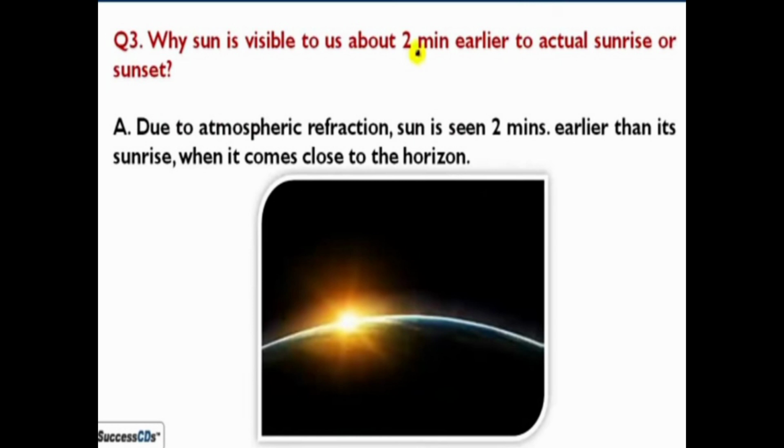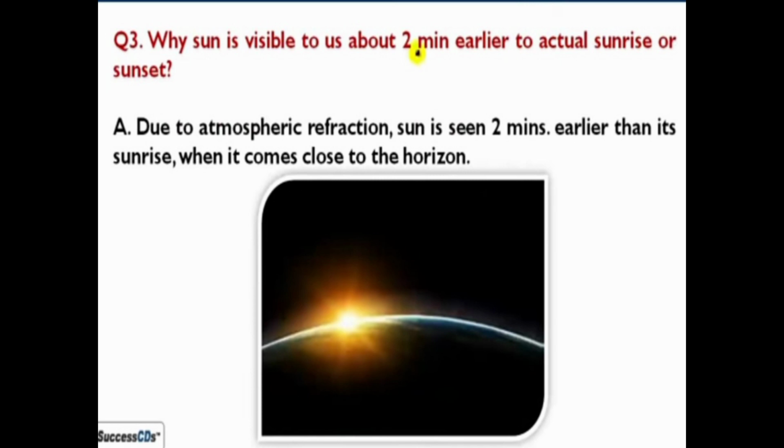So for a clear explanation, the sun is visible to us about 2 minutes before the actual sunrise and 2 minutes after the actual sunset. By actual sunrise, we mean the actual crossing of the horizon by the sun.